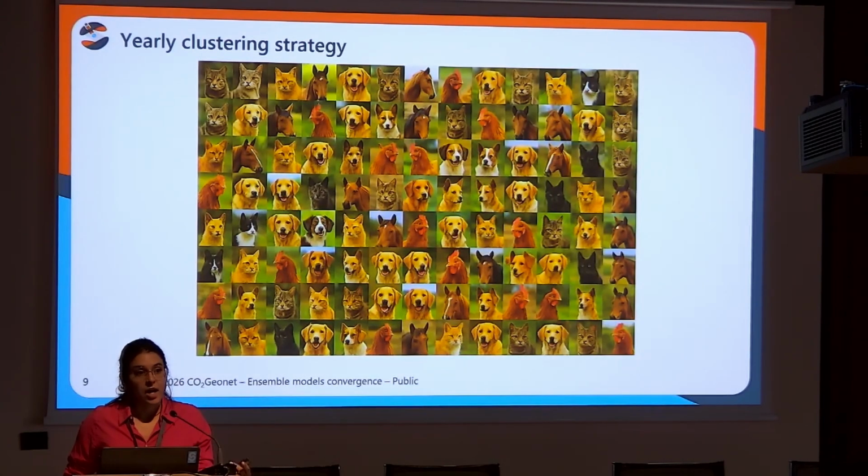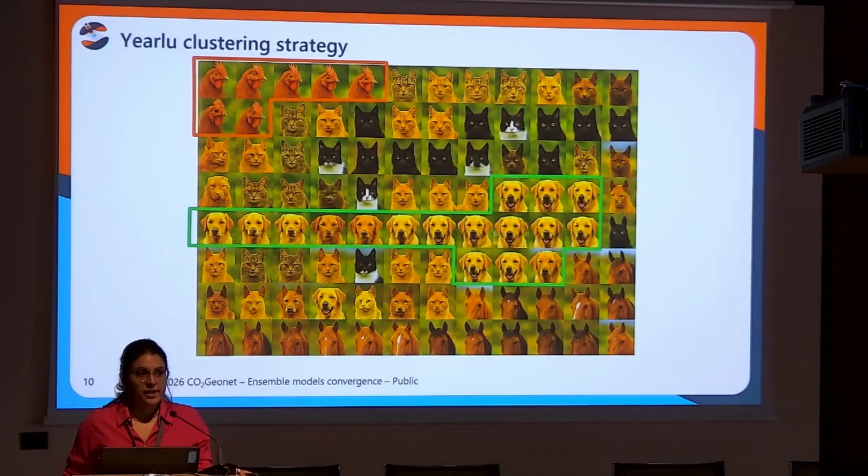Based on this database, we want to apply a clustering algorithm so that we can see which CO2 plumes look similar. We do that for the first year, the second year, and so on. Each time we see which CO2 plumes are the most similar. At the beginning, some of them might just look the same. That's normal because we are just at the first year of injection.